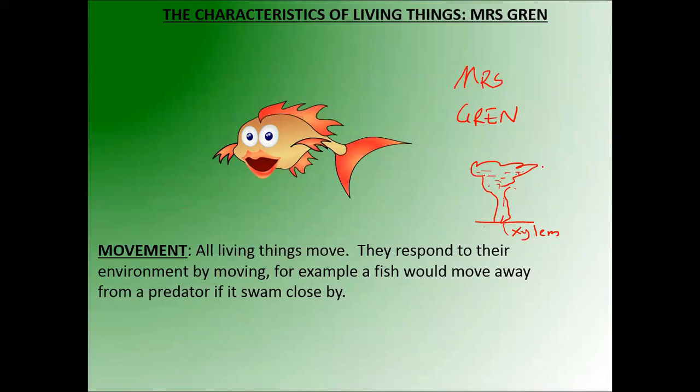Then after the food has been made and stored in the leaf, the phloem helps to move the food down to the roots for the root system to have enough nutrients to continue with their own activities. So this is movement. Movement happens in both plants and animals.